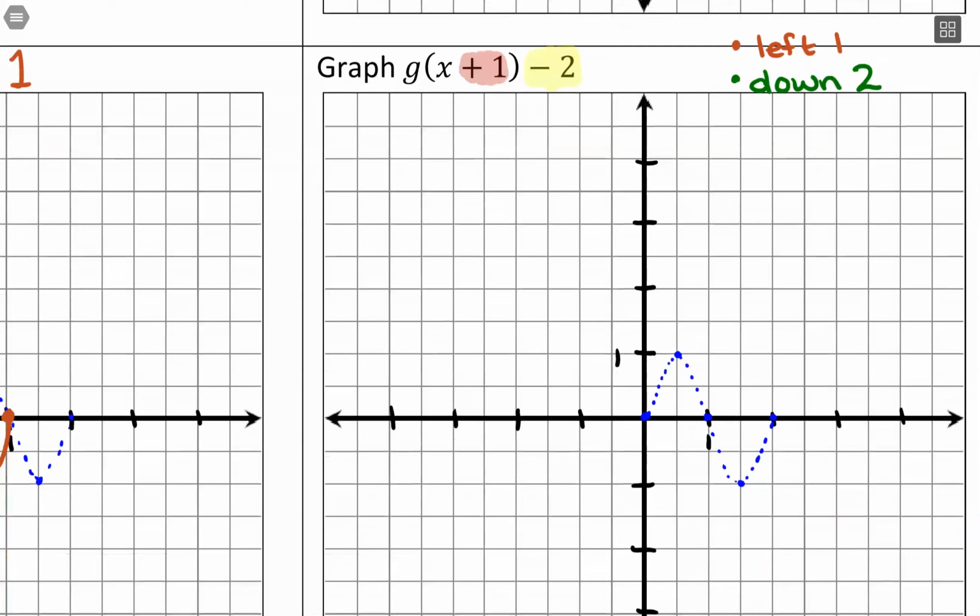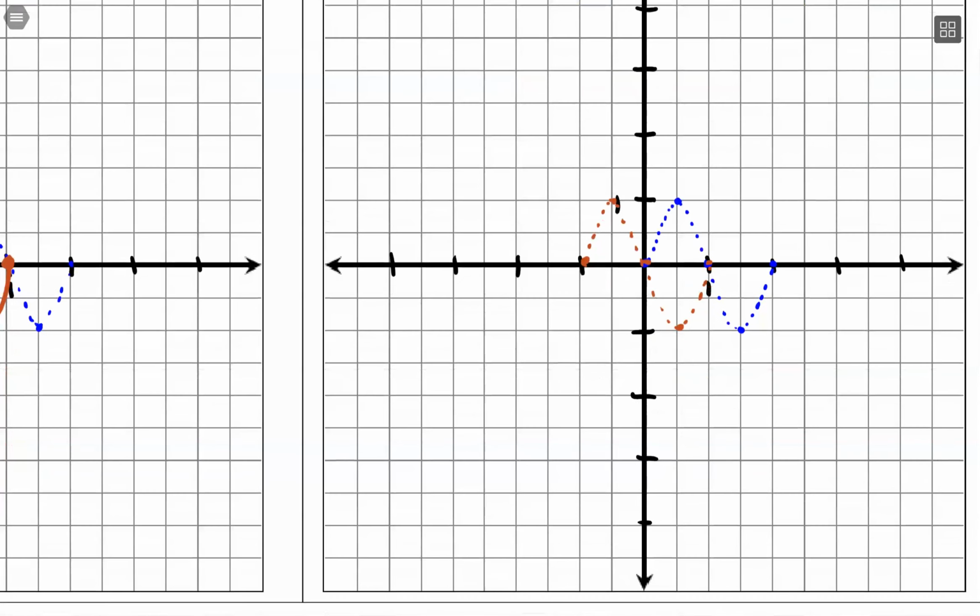So first thing I'll do is move these points left 1. I won't make that solid yet. And then down 2, so I'll go down 1, 2 for each point.